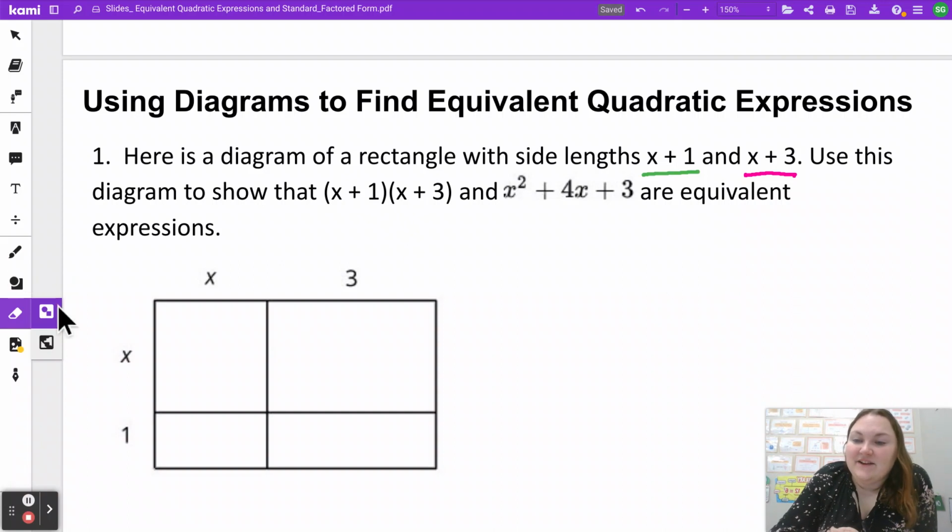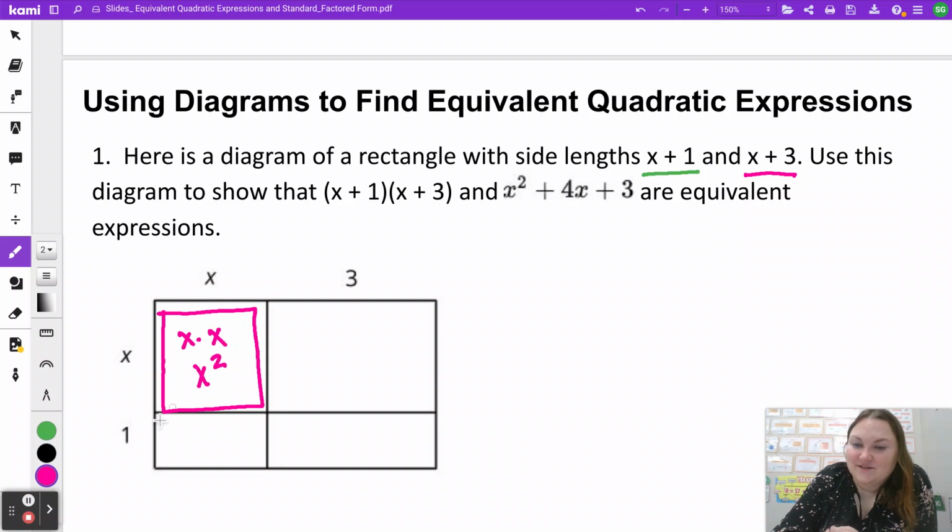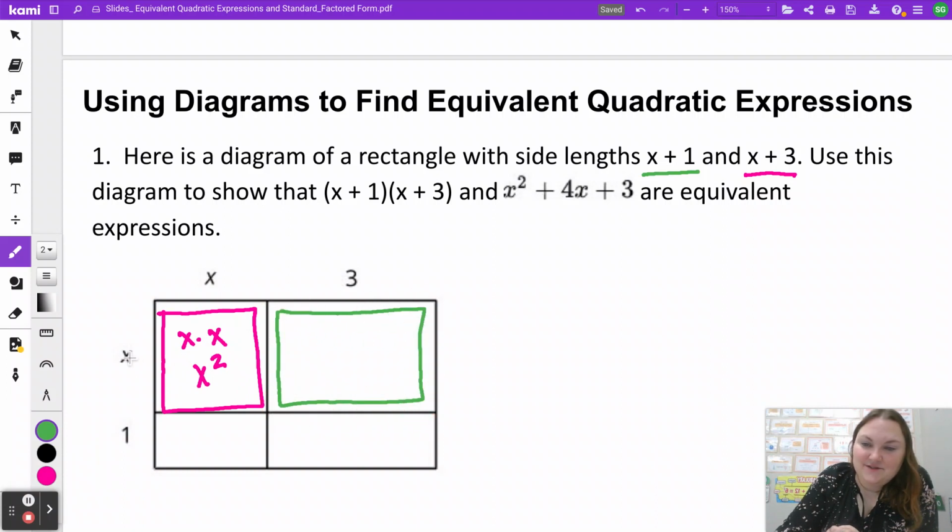And with the diagram, you can see what those 4 multiplication problems are. In order to do x plus 1 times x plus 3, this box here tells me I need to do x times x. X times x is going to be x squared. This box right here shows me I need to do x times 3, and x times 3 is just 3x.